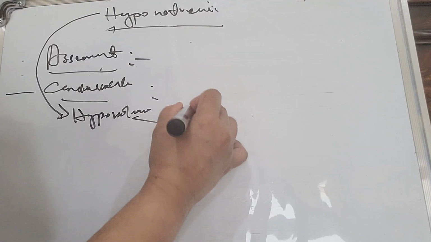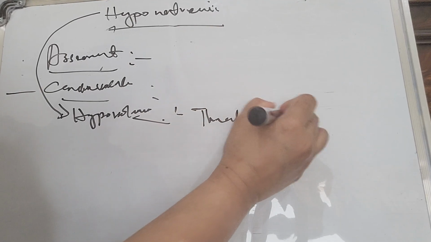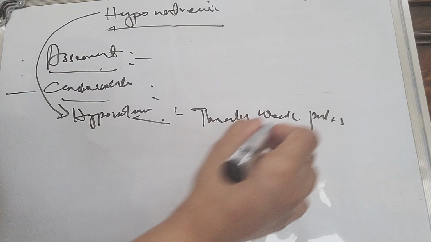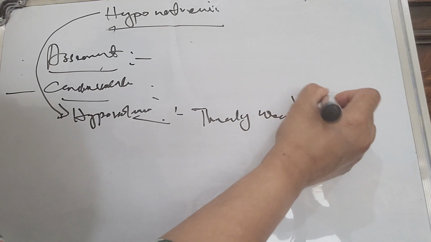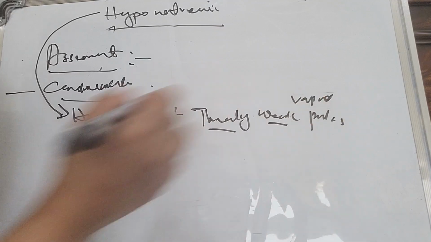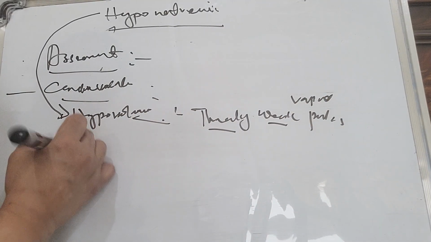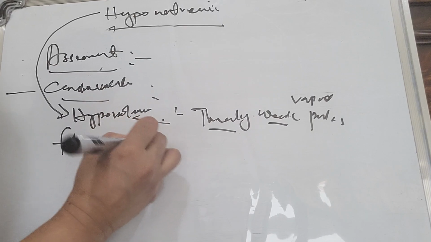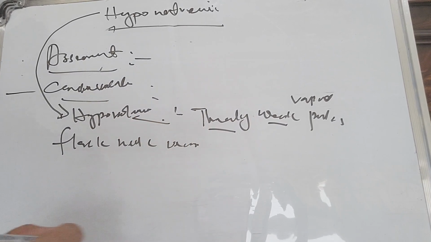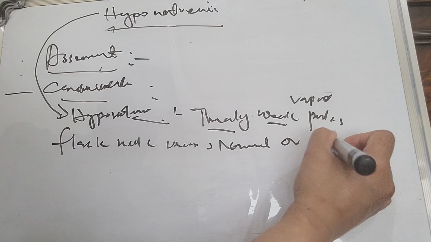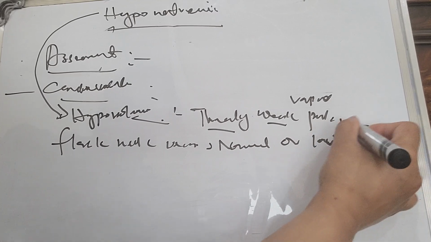The patient has a thready, weak, and rapid pulse, flat neck veins, and normal or low CVP, central venous pressure.